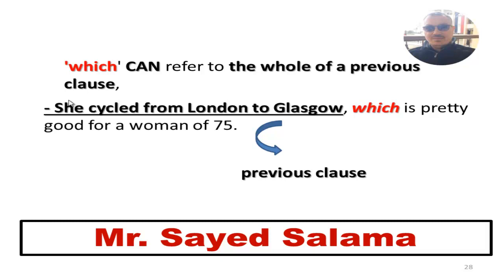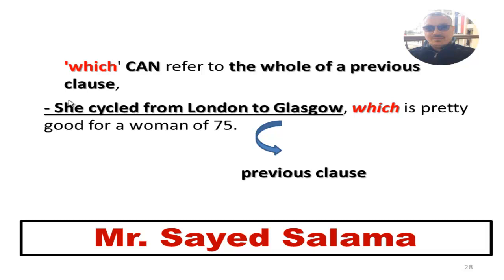Which can refer to the whole of a previous clause. She cycled from London to Glasgow, which is pretty good for a woman of 75. So which refers to the previous sentence or the previous clause. So which refers to a complete or a whole sentence.